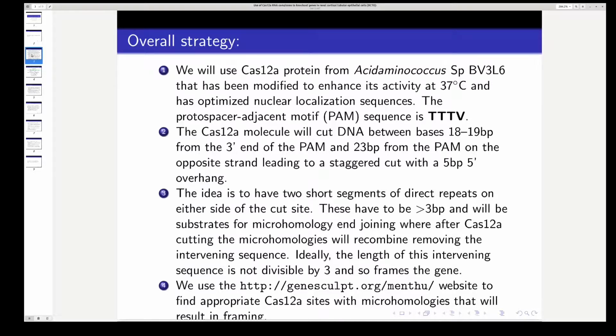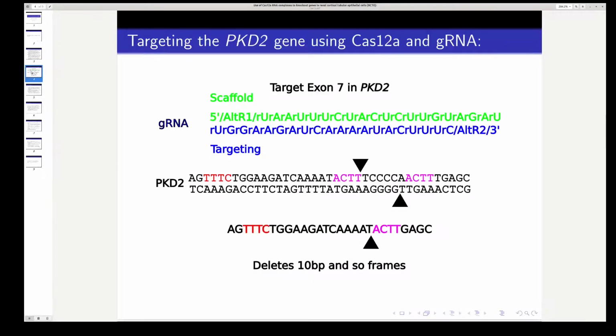You can also look at other CRISPR systems, for example Cas9. And so we use this website to find our Cas9 target sites and our microhomologies. Okay, so that's quite complicated. It's better if we actually look at a diagram and things become much simpler.